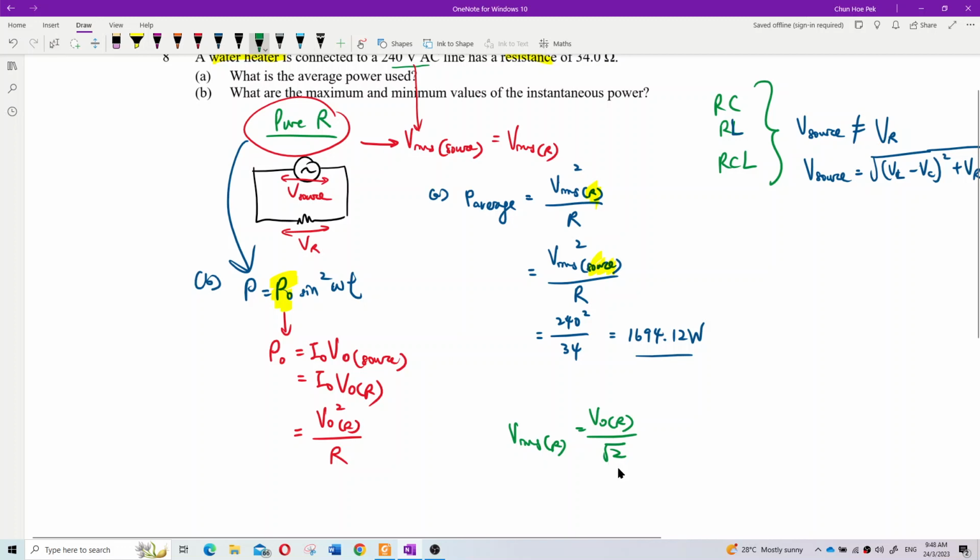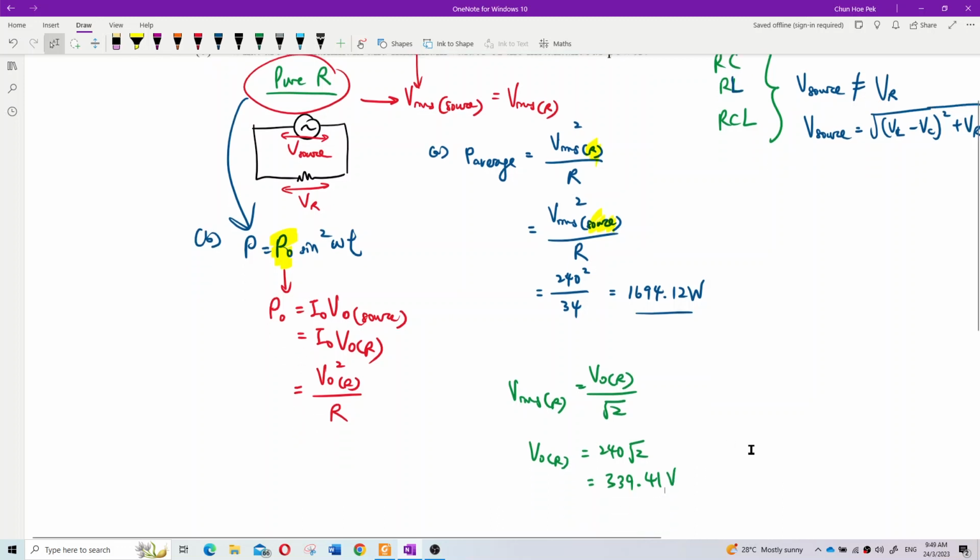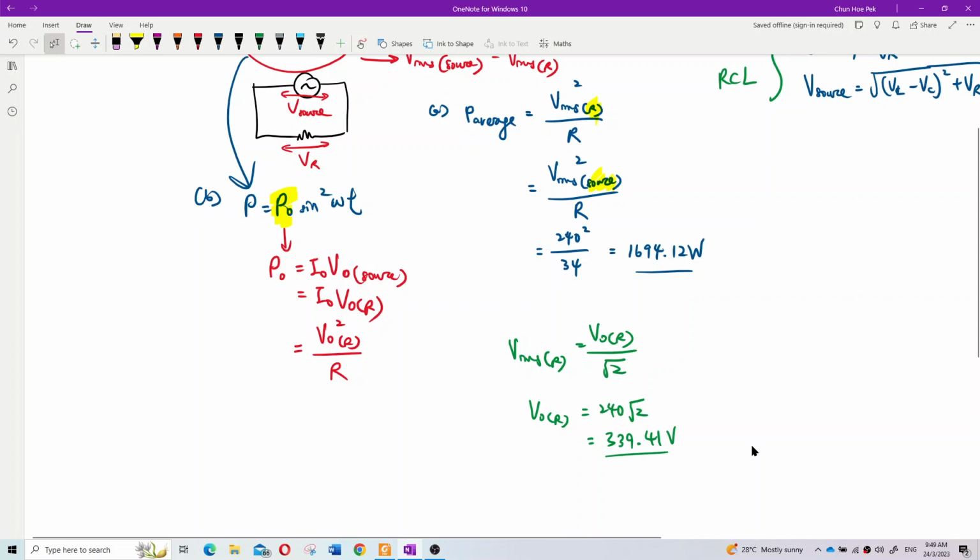So V naught R is VRMS multiplied by root 2. VRMS is 240, so 240 multiplied by root 2. The answer is 339.41 volt.